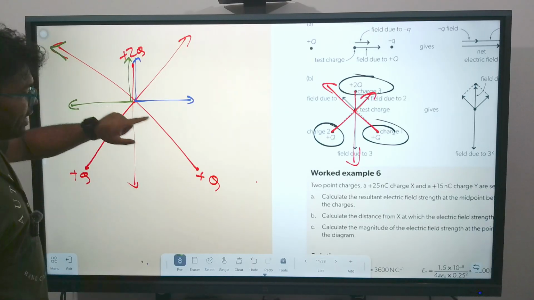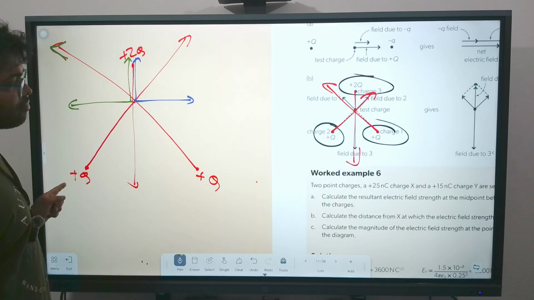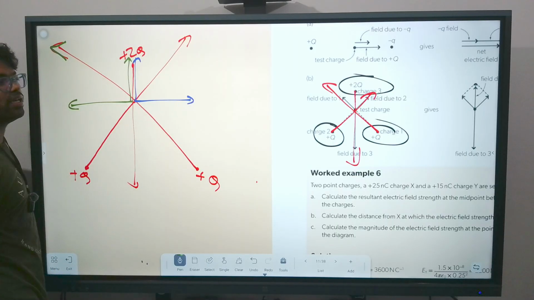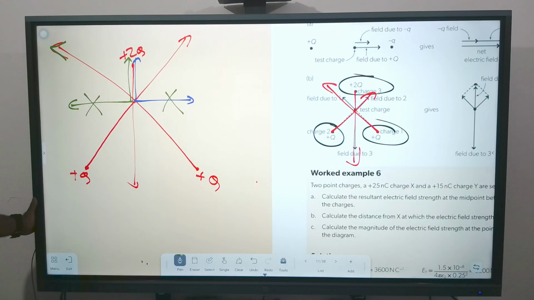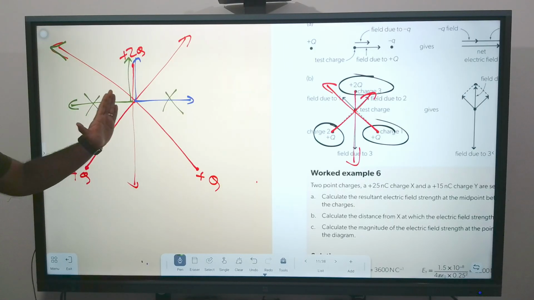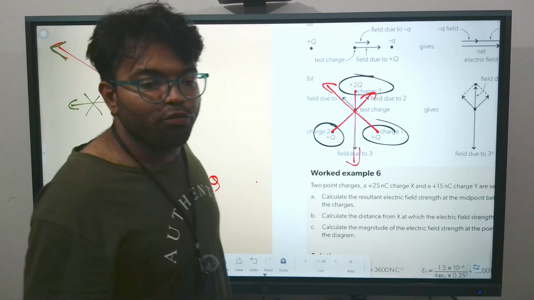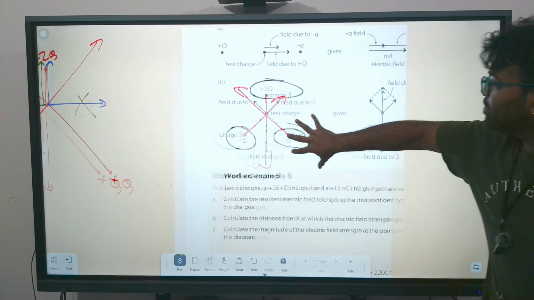Now, this q and this q are the same magnitude, so their horizontal components of force will also be equal in magnitude. So basically, they cancel each other out. So you have the vertical components of these two forces adding up, and they are the ones challenging the force due to the plus 2q, and that is what's being represented here.